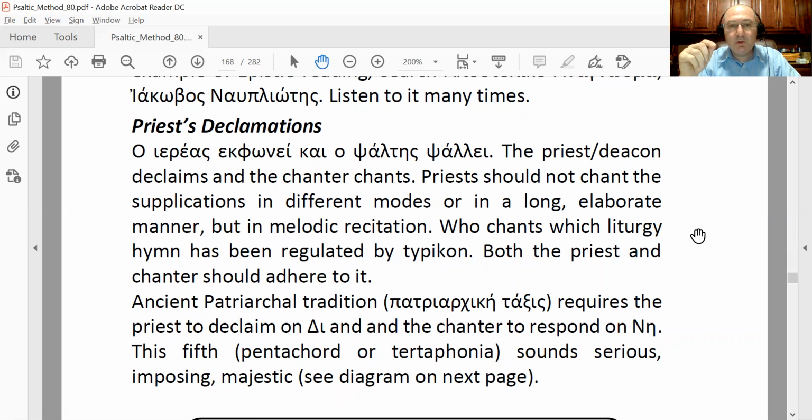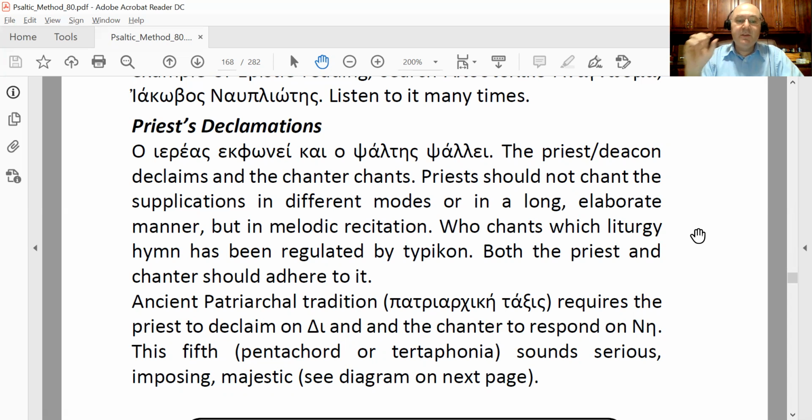Pentachord, penta is from five, it means five chords, because when you play an instrument, every time you strike a chord, it's like you say a note. Ni, pa, vu, ga, thee, five chords. But in between these five chords or five names, there are only four intervals. So phony is a tone. Tetraphonia and pentachord are the same thing. It's from ni to thee, or pa to ga.